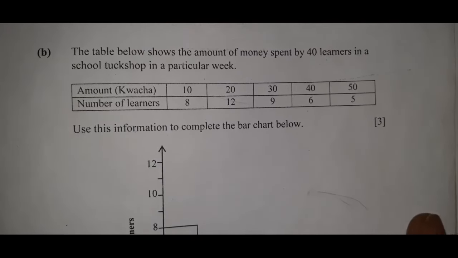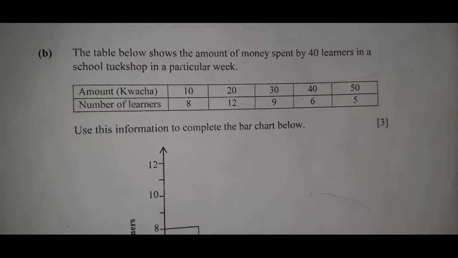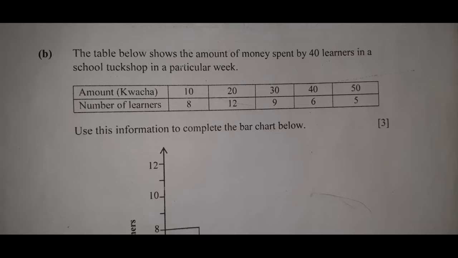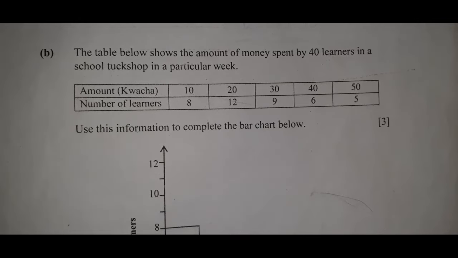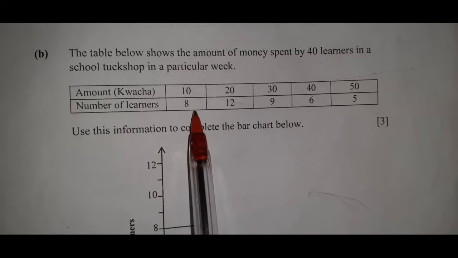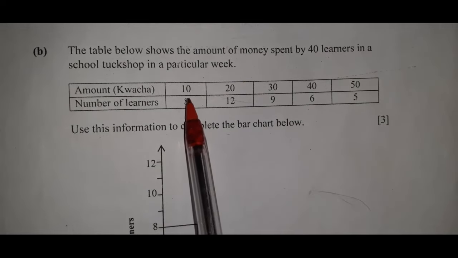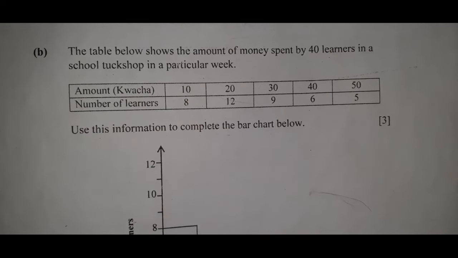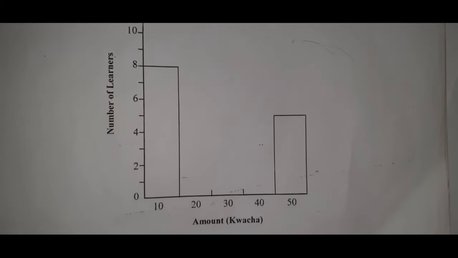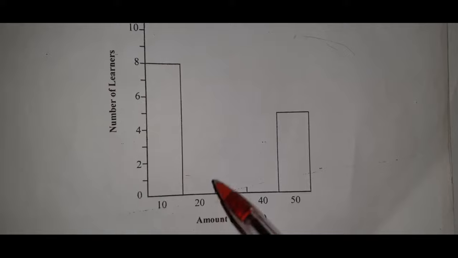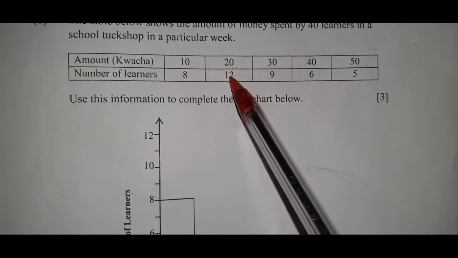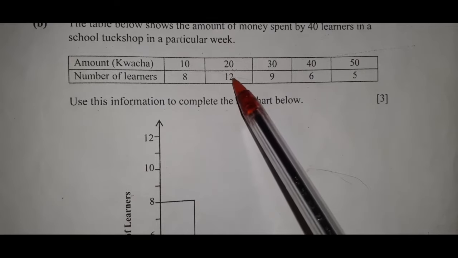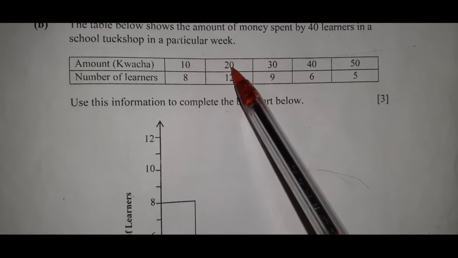Then we come to the table below showing the amount of money spent by 40 learners in a school tuck shop in a particular week. Use this information to complete the bar chart below. Okay, so here we have the number of learners, and down here we have the amount.